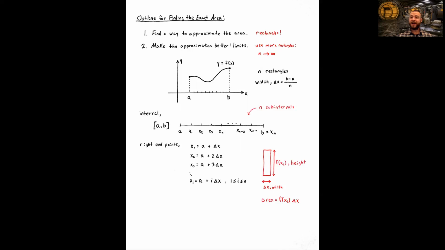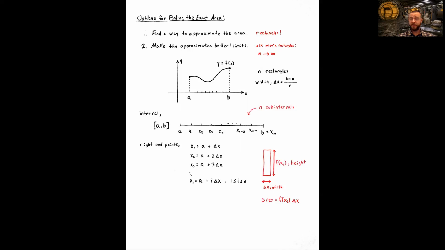Now all these values, x sub 1, x sub 2, x sub 3, and so on, up to x sub n, remember we're choosing n subintervals, so we don't have to count beyond n of them. We're going to use those to determine the heights. So we plug those right endpoints into the function.